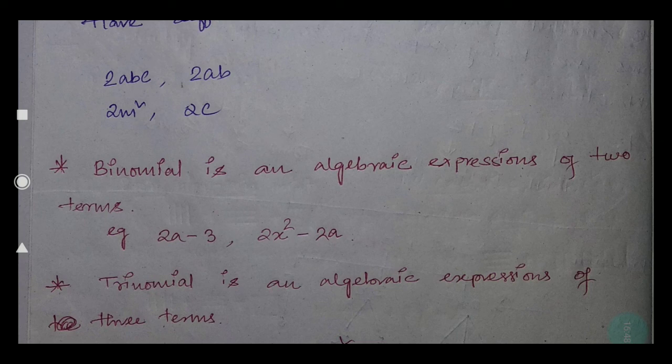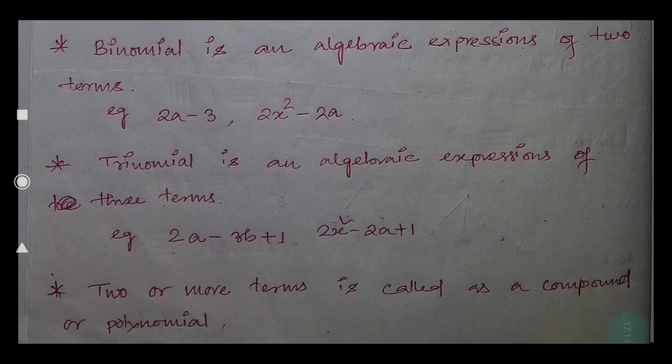In an algebraic expression, if the number of terms is 2, then it is called a binomial algebraic expression. If the number of terms is 3, then it is a trinomial. Two or more terms is called a compound or polynomial.